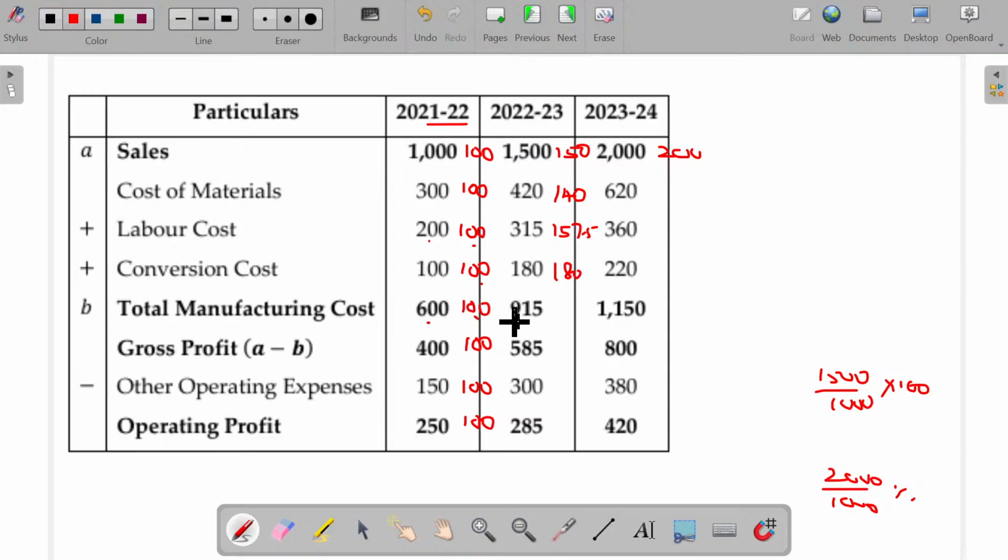600 is equal to 100 means 915 should be 915 divided by 600 into 100, 152.5. And 585 divided by 400 into 100, 146.25. Very simple. 22-23 value in numerator, 21-22 value in denominator, represented in percentage.